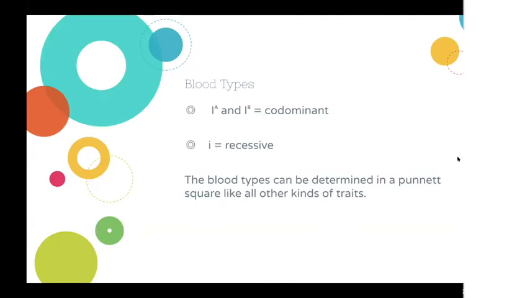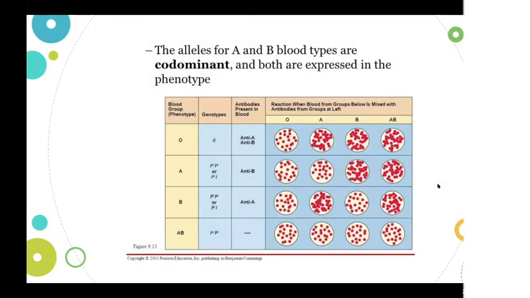So can we move on? As I said earlier, type A and type B are co-dominant, and type O is recessive. Blood types can also be determined by a Punnett square, just like every other trait. Here we have a little diagram for you.